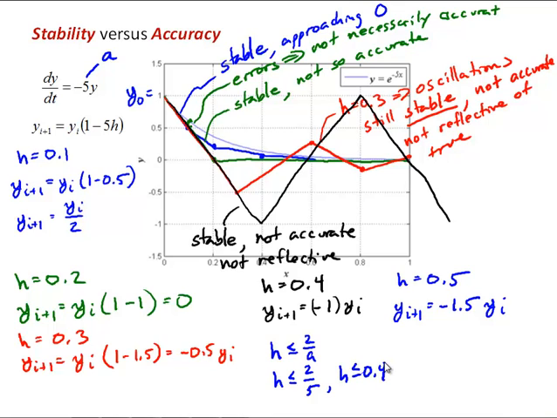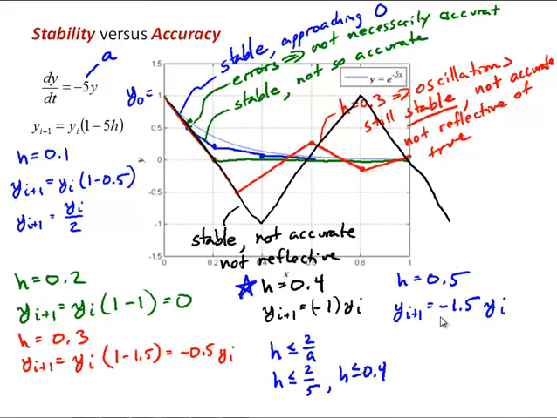So the solution at h equals 0.4 is right at our stability criterion. For any h smaller than that, we get a stable solution, which is what we've seen. For an h larger than that, we would expect an unstable solution, and we see that's what we get.